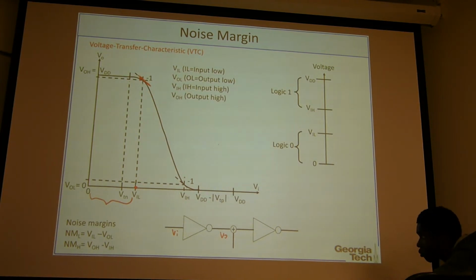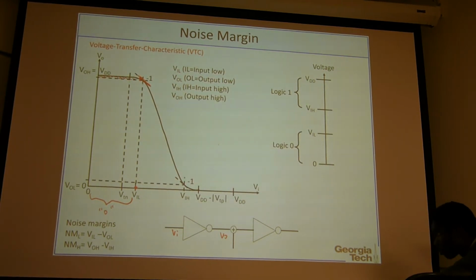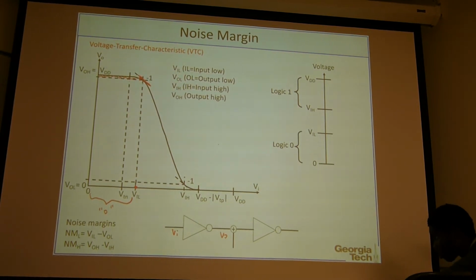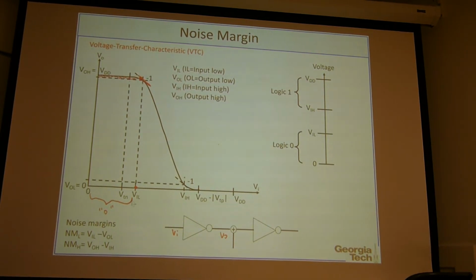Basically, if your input is within this range, you can think your input is digital 0, because the output you see here is still close to VDD in this range. So the output is high, even though your input has a range from 0 to VIL.